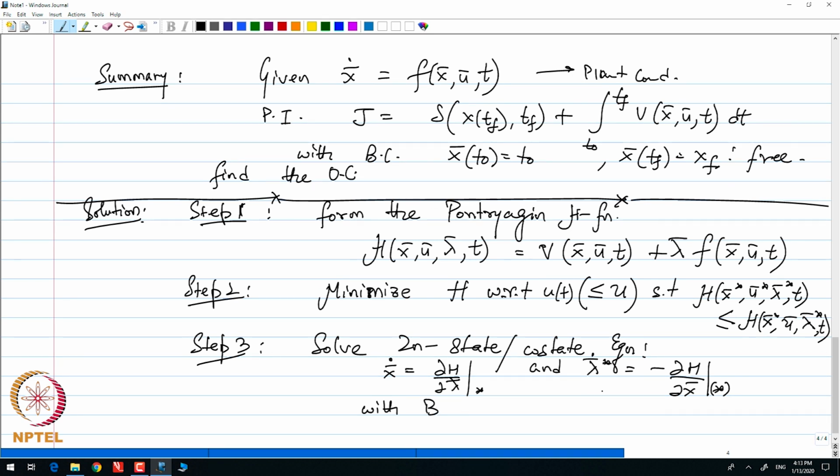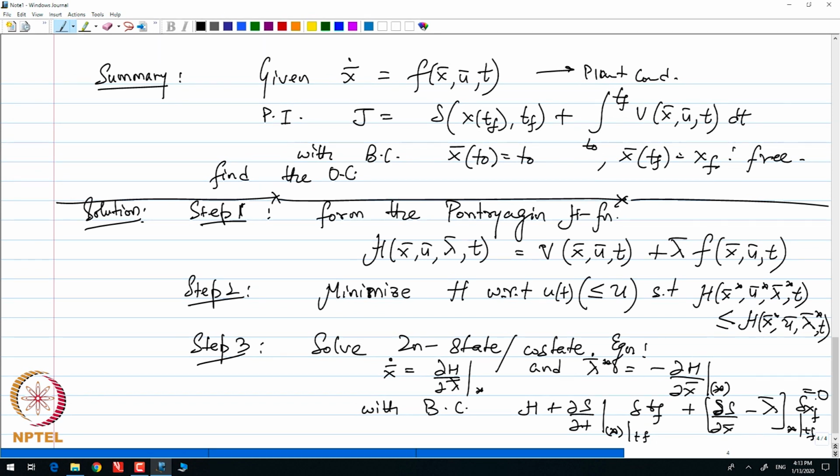Notice my control equation is missing because that has now been replaced in step 2 by the inequality. The boundary condition is again similar to the natural boundary condition that we had derived, and whenever we have fixed point boundary conditions, they replace these natural boundary conditions. So, this is the starred condition evaluated at t f times delta t f plus partial S partial x minus lambda bar, again at the starred condition at t f, delta x f is equal to 0, right.